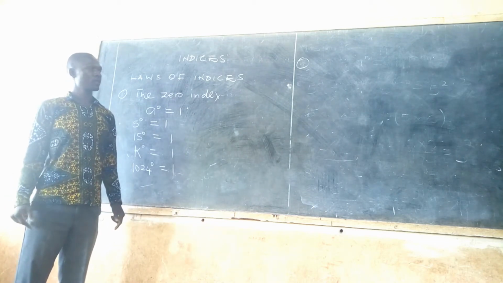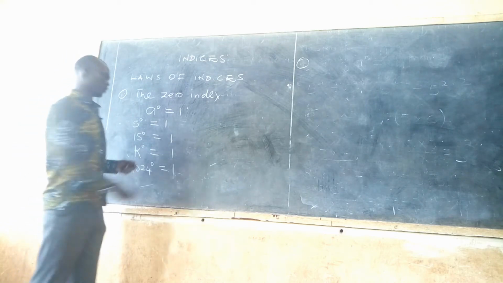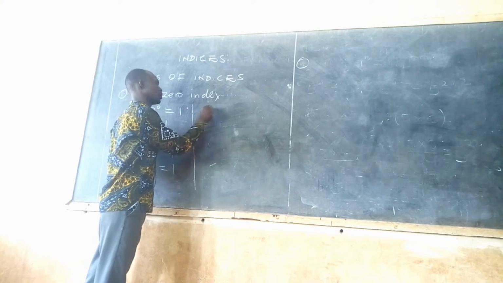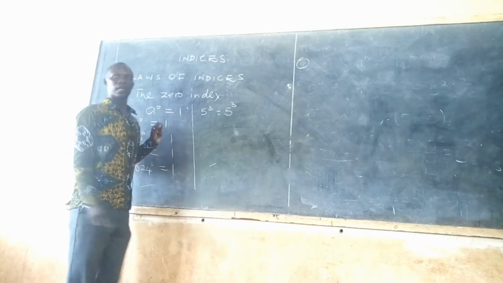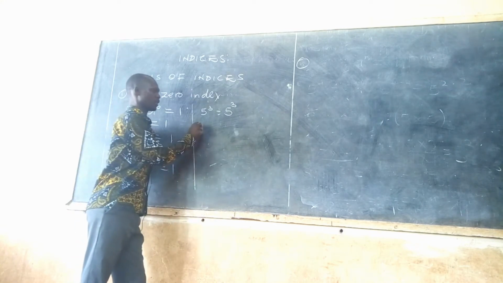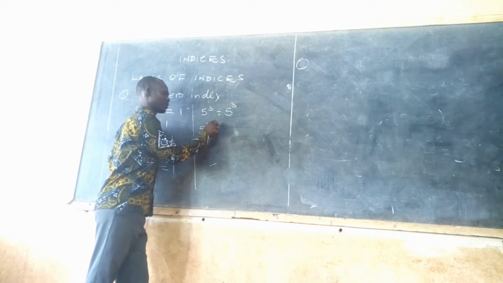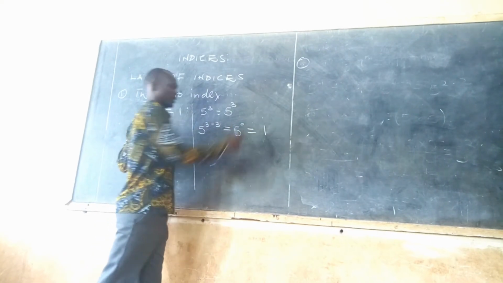I told you that law number 2 is our mother law. So let me demonstrate. Suppose I'm given 5 cubed divided by 5 cubed. According to law number 2, this is going to be 5 to the power 3 minus 3, which is 5 to the power 0. I'm saying this is 1.